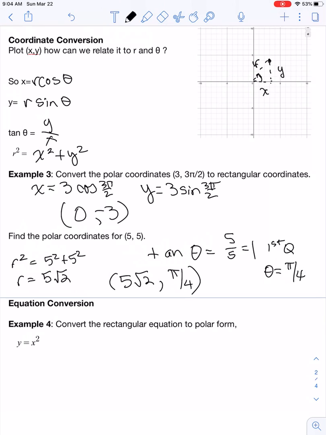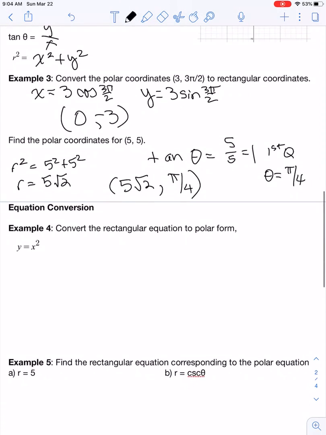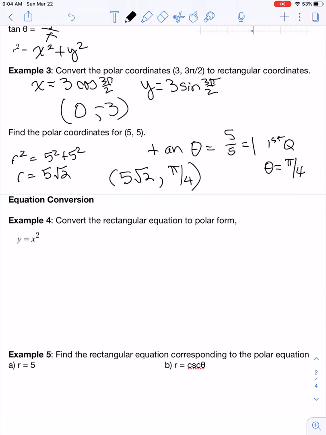All right. Now, using the same equations, we're going to convert a rectangular equation to polar form. So I want you to plug in for y and x and simplify. I'll stop and wait, pause it. r sine theta equals r squared cosine squared theta.